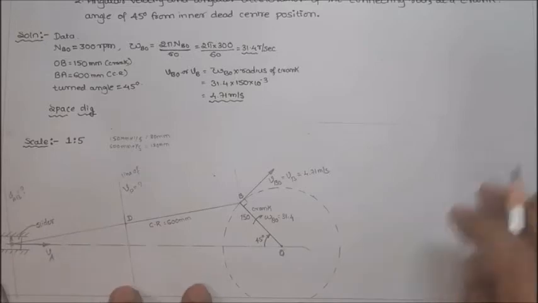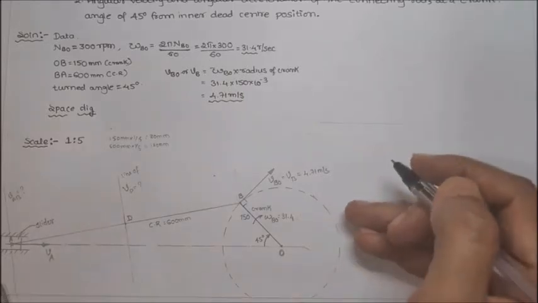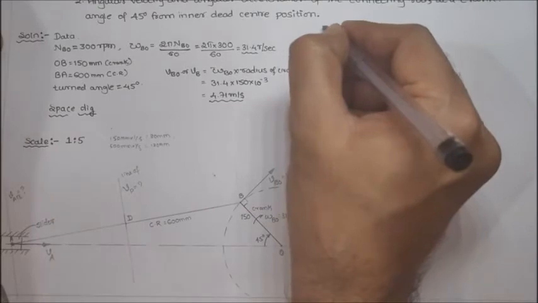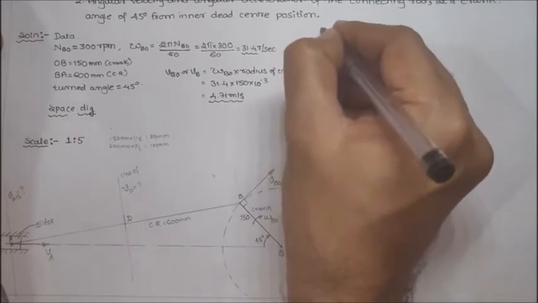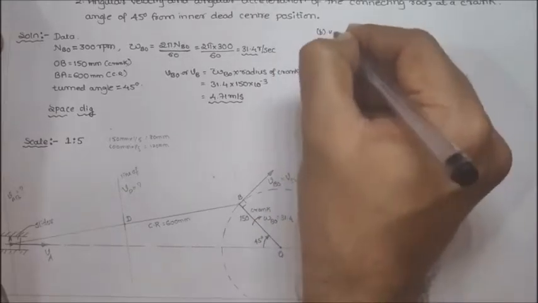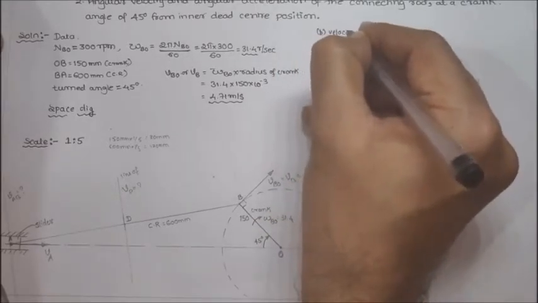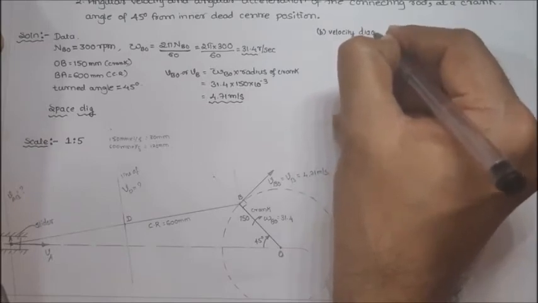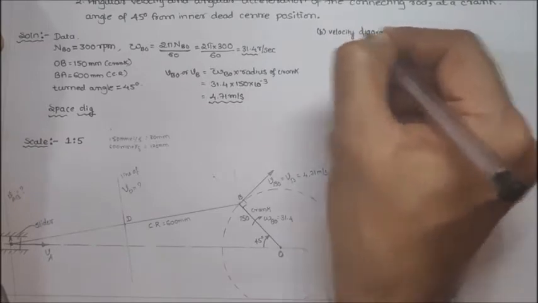Okay, then this is what is needed. Next we should draw the velocity diagram. For drawing the velocity diagram, we'll use this particular space. So this is the velocity diagram.